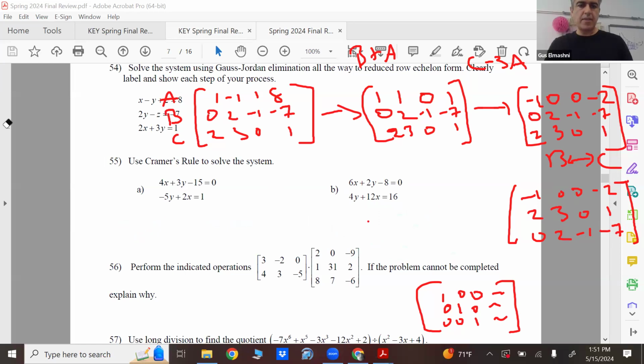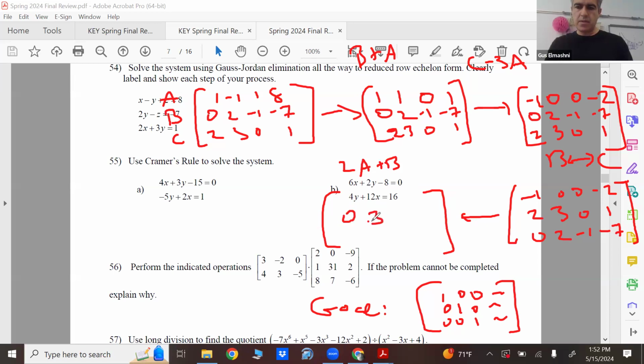Okay. Again, this is our goal. Then I'm going to get rid of the 2 in the second row. So most likely I'll do 2A plus B. So 0, 3, 0, and -3.